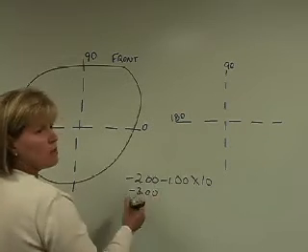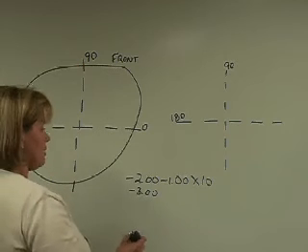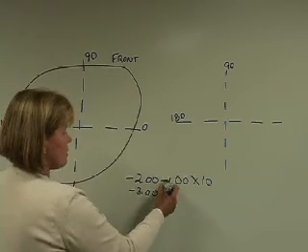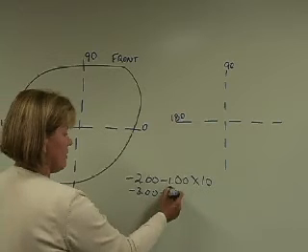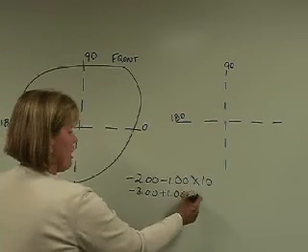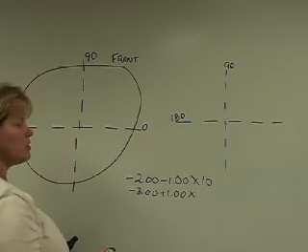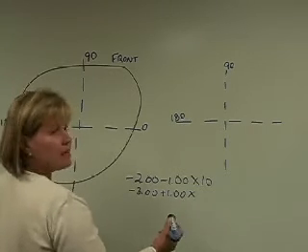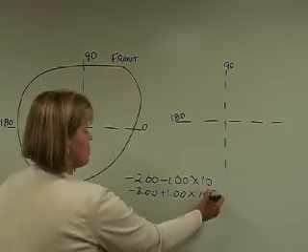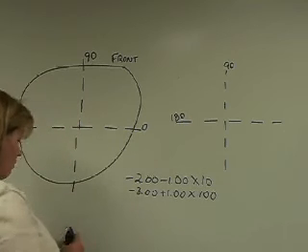Same sign just means a bigger number of that same sign. Change the sign of the cylinder power from minus to plus, maintain the value, and then change the axis by 90 degrees. Since this is 90 or less, we just add 90 to that, so that makes it 100.